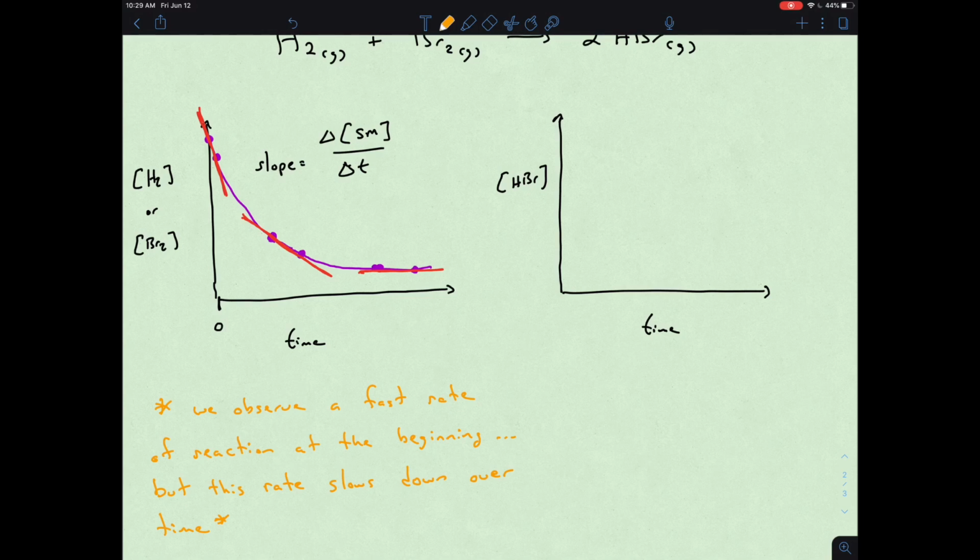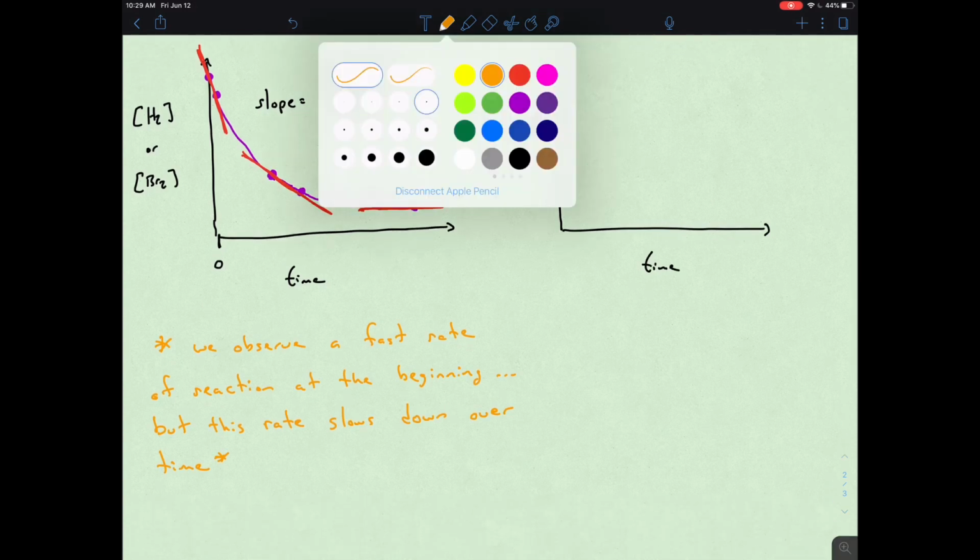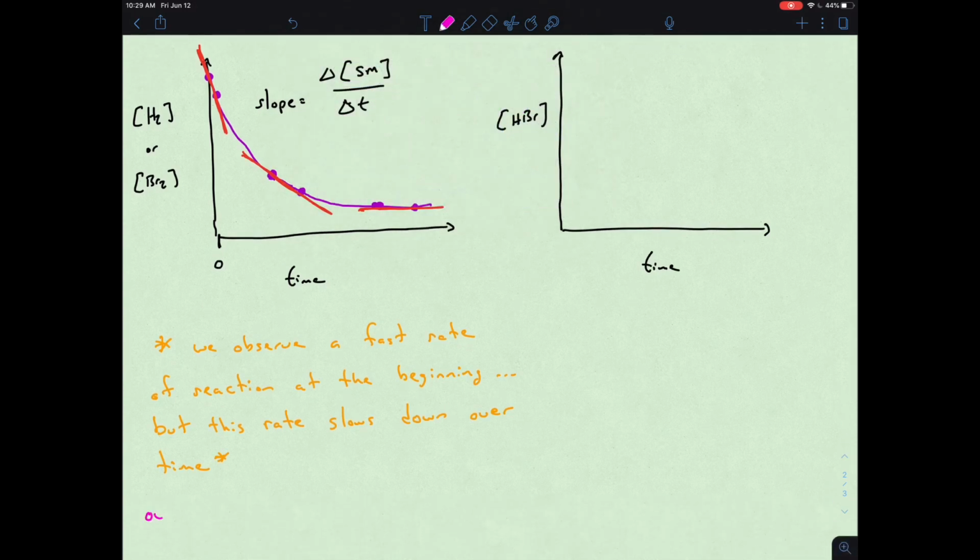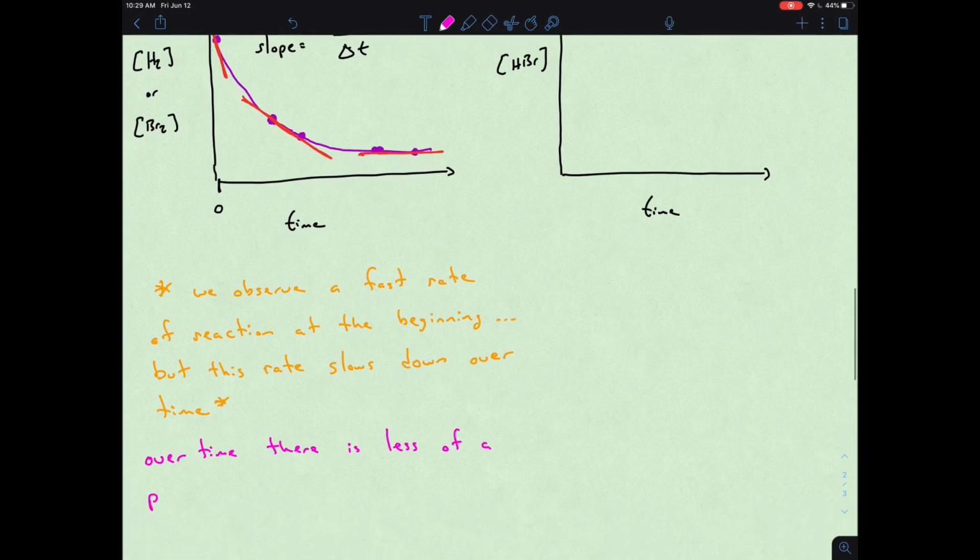This talks about probabilities. The idea is that over time, there is less of a probability of starting materials interacting to produce product.